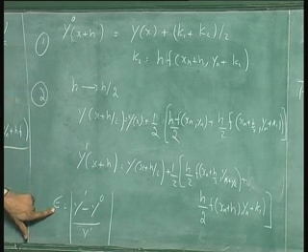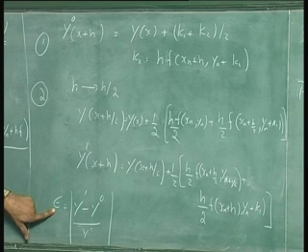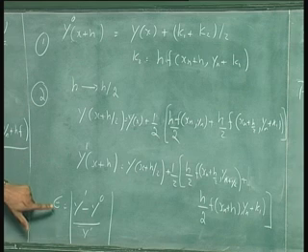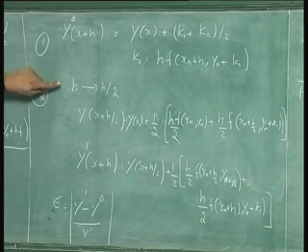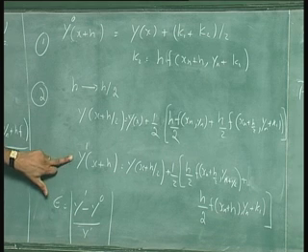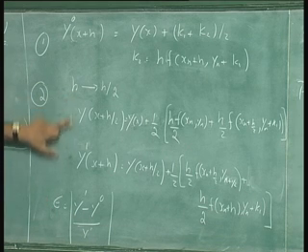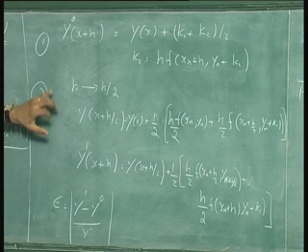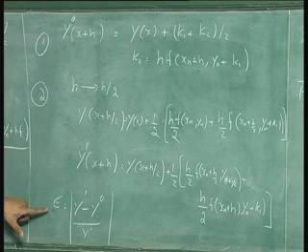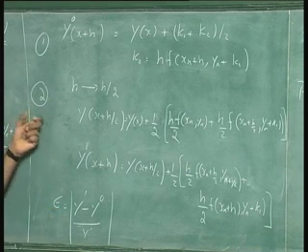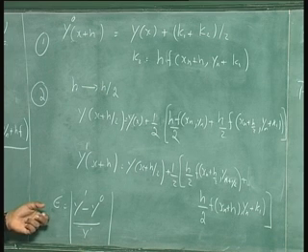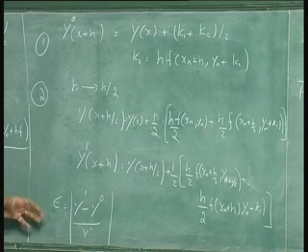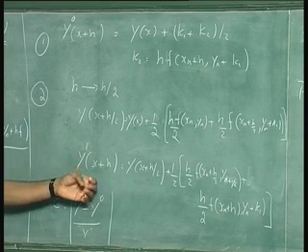If this error is significant, depending upon what accuracy you want, then I will go back here and again halve the step. Now I say my y0 is this y1, and I compute y1 again by halving the step and going in 2 steps. I will keep doing this till I get the same values from y1 and y0, and that determines the step size which I want to use.